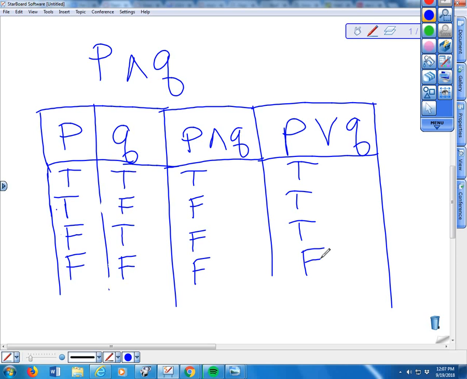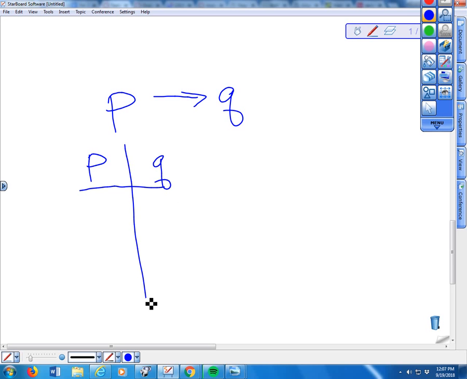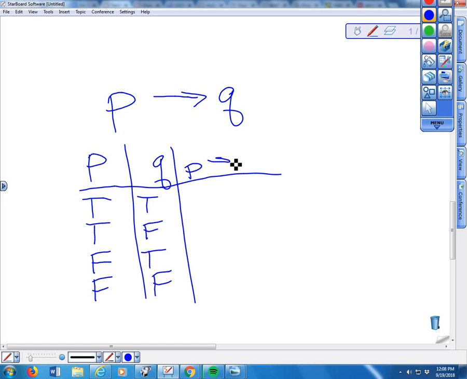Okay, on Big Ideas, they also have some truth tables. And their truth tables are truth tables for if P then Q, not and or. Okay, so if I do this, and I still have my P and Q, and I still have my true, false, true, false, and I want to do P then Q, think about this.